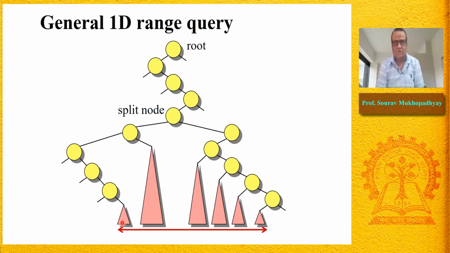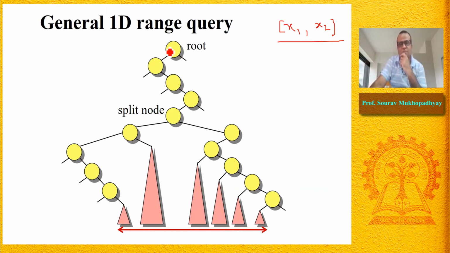So how are we doing this query? We are given some interval, the query range x1, x2. I'll write the pseudocode. We start from the root. Then we either go left or go right, because there may not be any interval which can overlap with this. What is the condition for that?